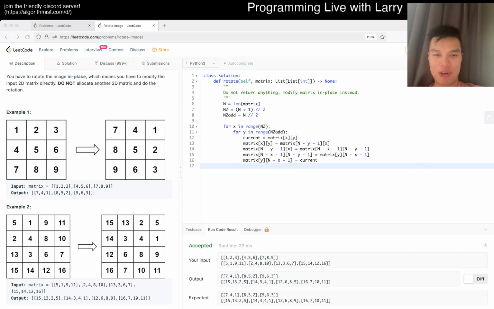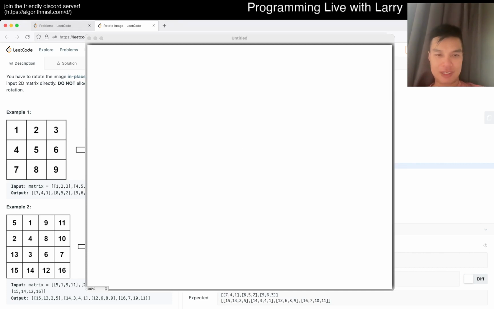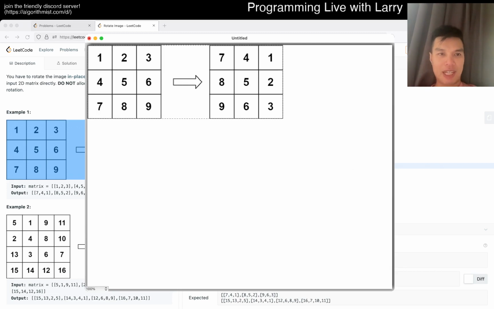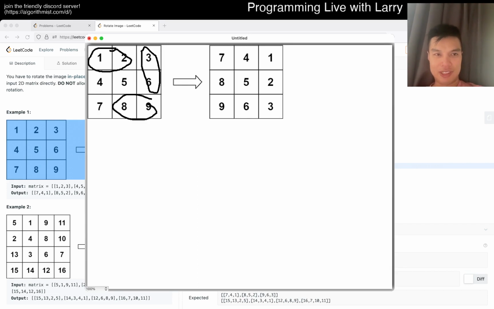I'm going to try to draw as best as I can because I think the visualization really helps here. Basically, this is a 3x3, so the idea here is that I drew something like here, here, here, and here.